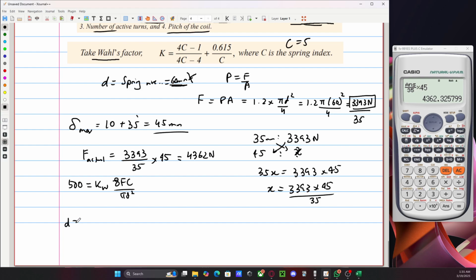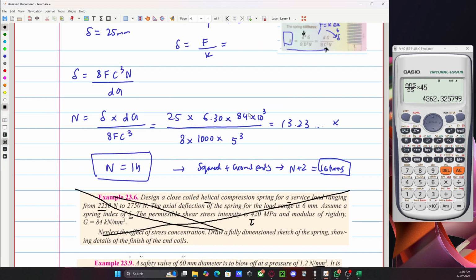So all we have to do is d equals, well, I'm simplifying here because of time. So this would be kW 8FC over tau times pi. Now we haven't even worked out kW yet. kW will be 4C minus 1 over 4C minus 4, plus 0.615 over C. C is 5.